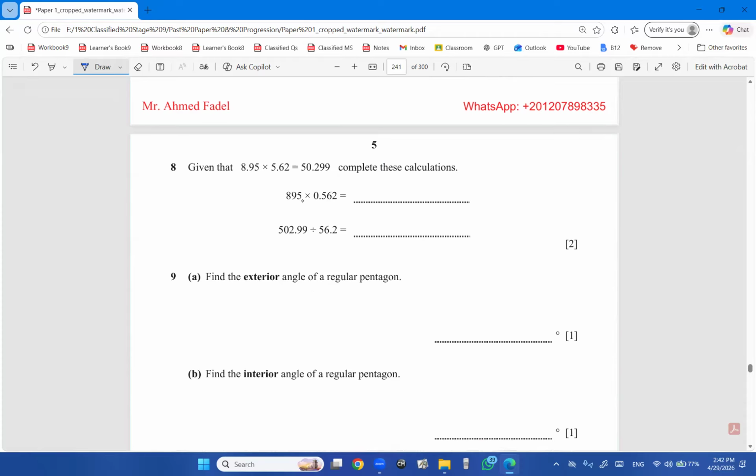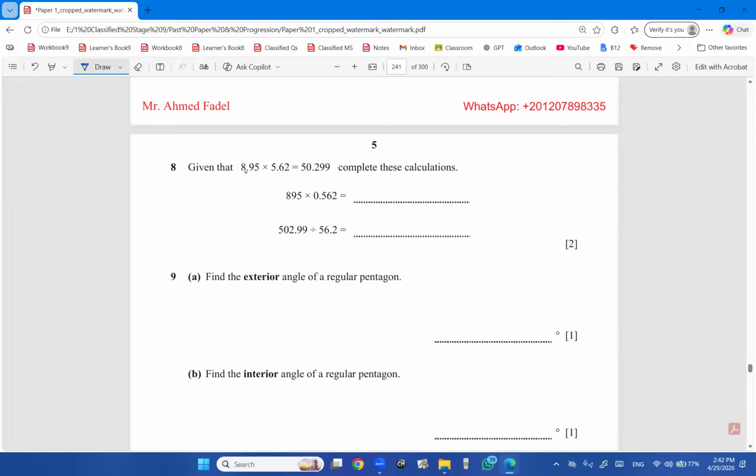In this question over here, it says 895 multiplied by 0.562, but you should read the question first, given that 8.95 times 5.62 equals 50.299. This one says 895 multiplied by 0.562.